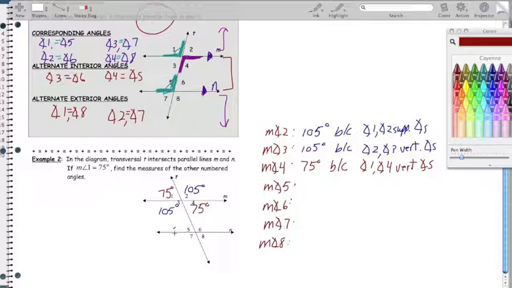Alrighty, now let's move on down to the second bottom segment. I can say that angle 5 is going to be 75 degrees. And I can say that for a couple of reasons.